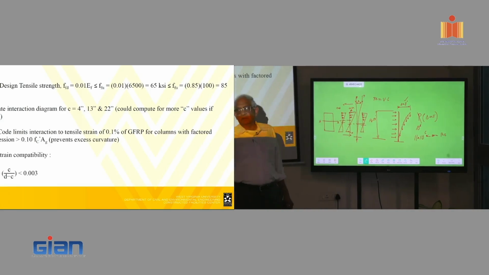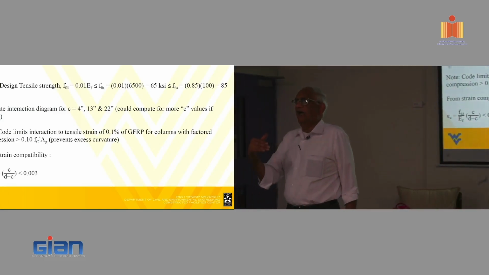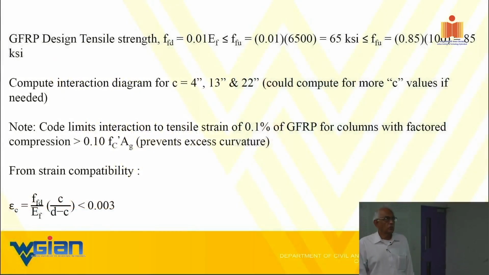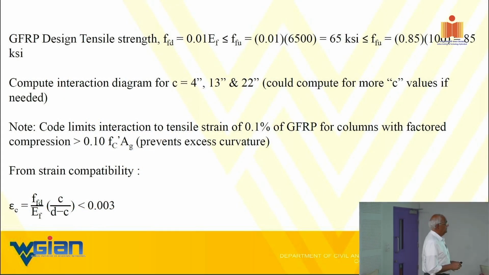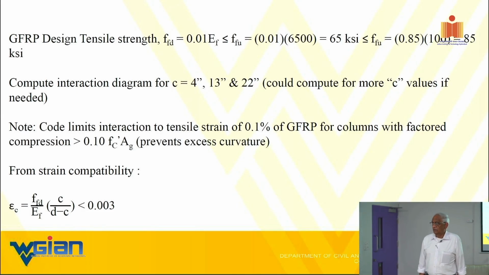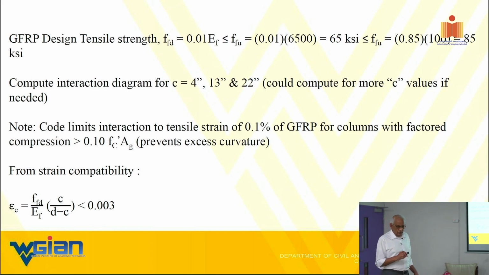In any compression mode, as you increase the load, the C value goes up. Compression mode, not tension mode. Okay, that's what we are trying to find out. If that is the case, as the C value increases, my bending effect up to a point also increases. That's what we'll see, how much that increase is.